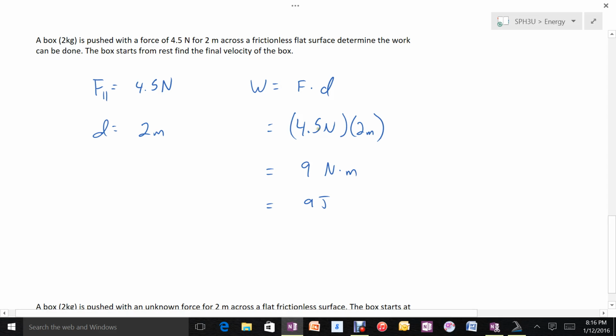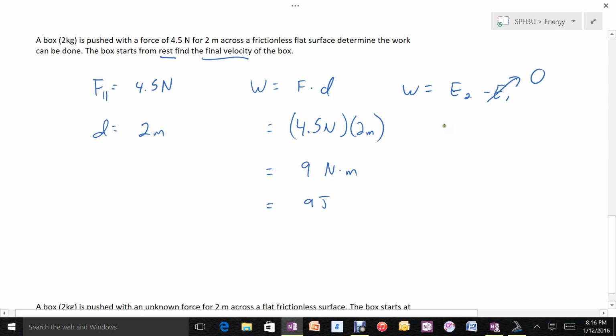If this work is realized as a change in energy, we assume it starts from rest, which means the initial energy is 0. Then the work done is being realized as kinetic energy, and so we can use it to find the final velocity of the box.